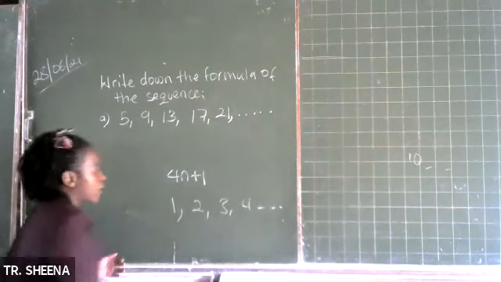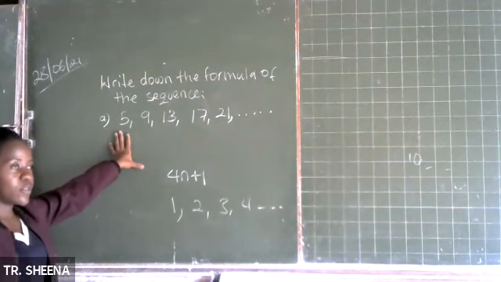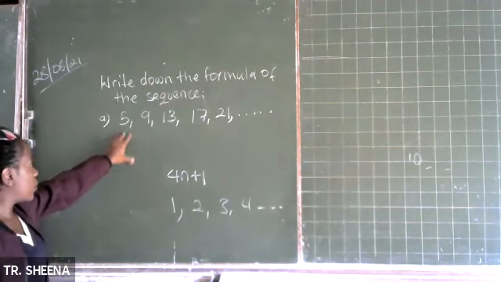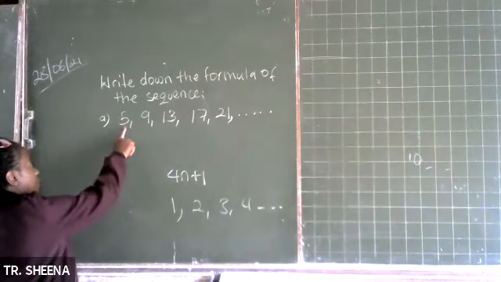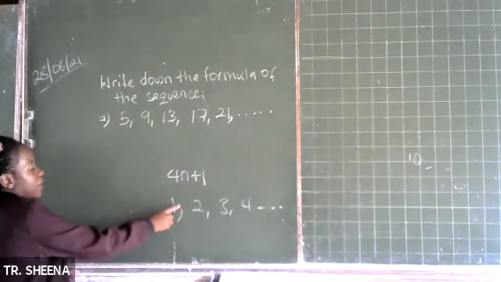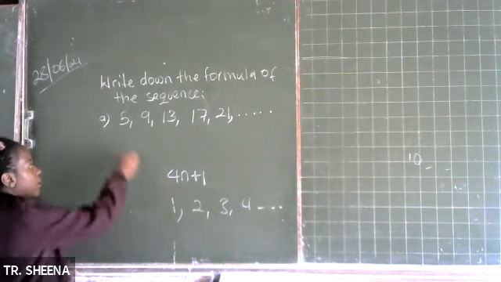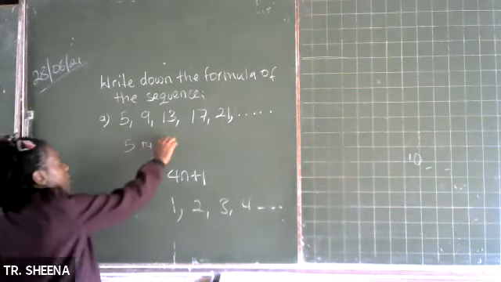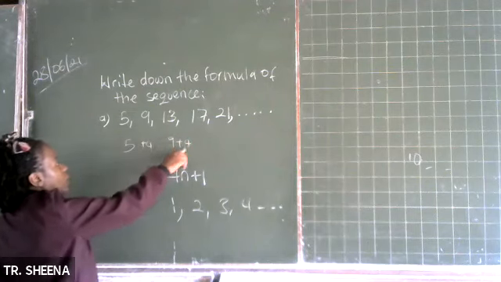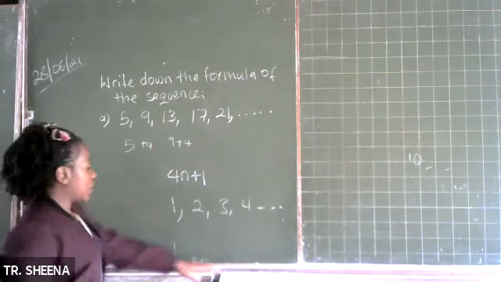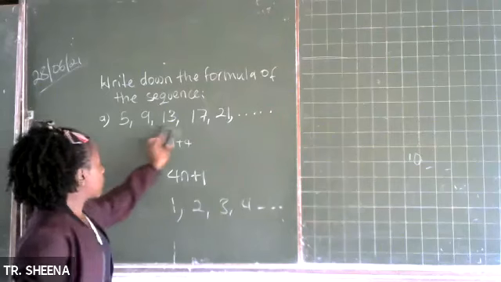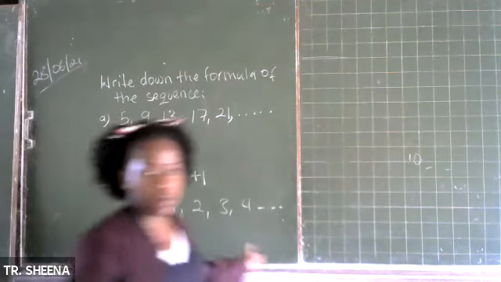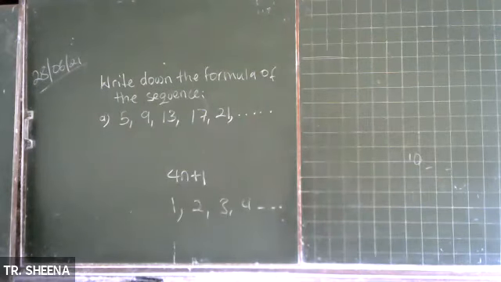Do not use the sequence values, because that's how you end up with a formula like n plus 4. When you use your first n as 5 instead of 1, and you add 4, you get 9. When you add 4 to 9, you get 13. That's how you ended up with that formula of n plus 4. But your n is supposed to be equal to 1, 2, 3. Yes.